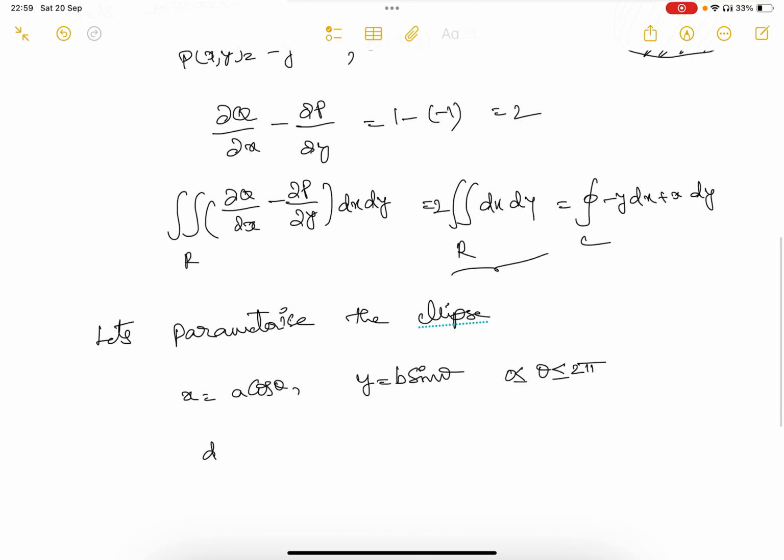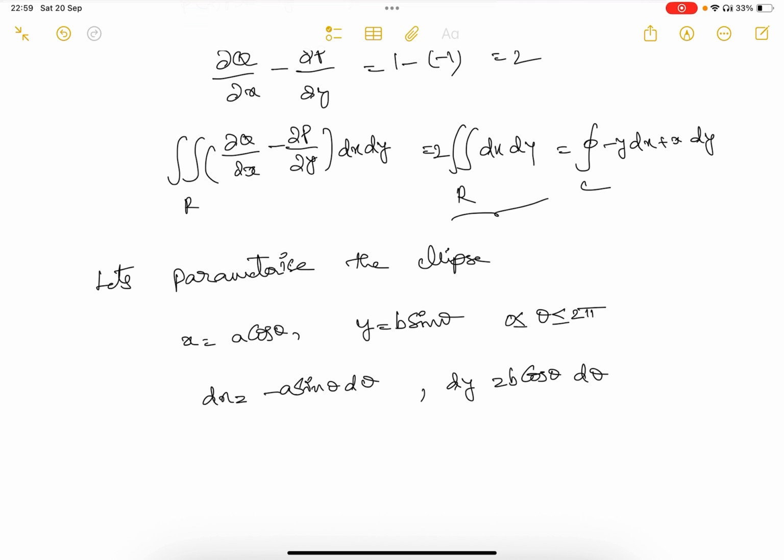Then you can calculate dx. This will be minus a sin theta d theta, and dy is b cos theta d theta, right? Finally, let's try to calculate this first. So this will be the closed integral of x dy minus y dx. Fine. Then this is the integral from 0 to 2 pi, as it is a closed curve, right?